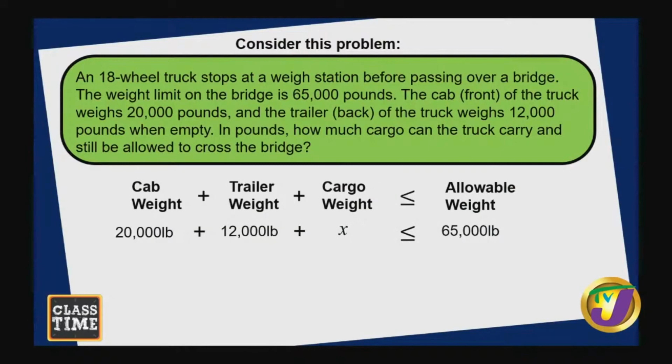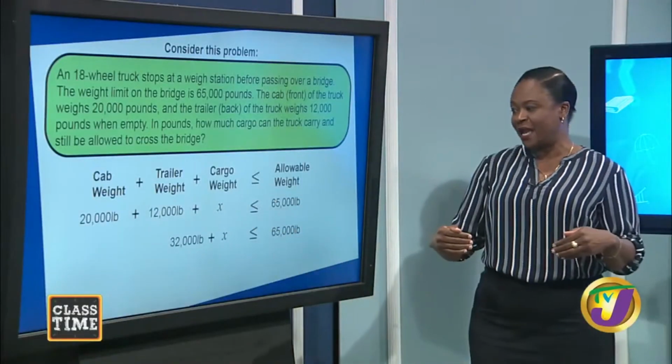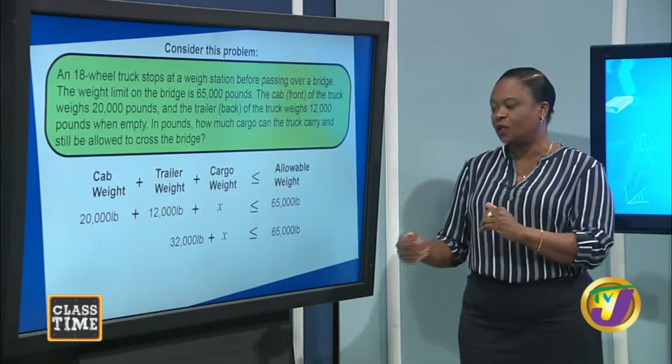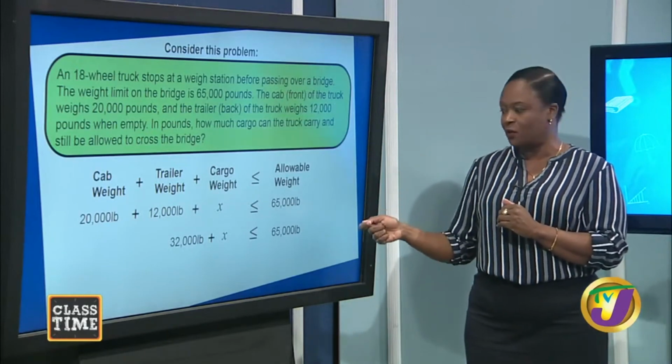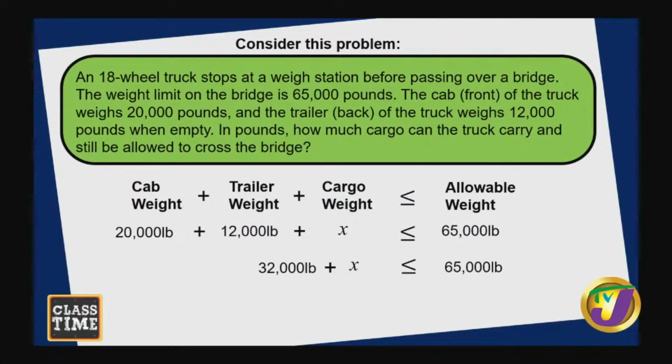We see that 32,000 pounds added to X must be less than or equal to 65,000 pounds. So the entire thing, the truck, the front, the cargo, everything, could be exactly 65,000 pounds. But it can also be less, but not more, because it would not be allowed to go across the bridge.